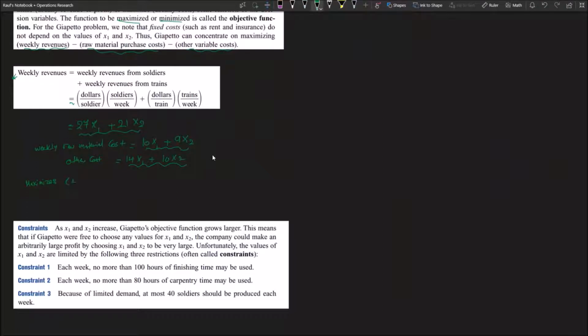So we can say here, need to maximize 27x1 plus 21x2 minus 10x1 plus 9x2 minus 14x1 plus 10x2, and this will give you, if you do the summation and subtraction, 3x1 plus 2x2.